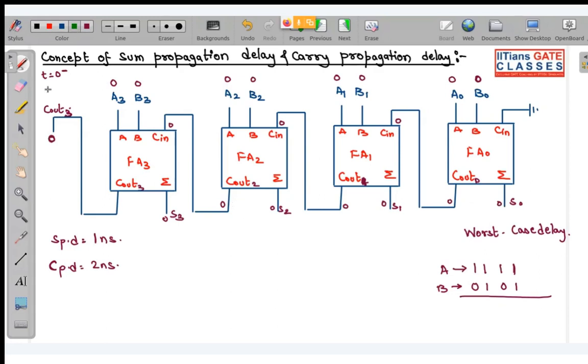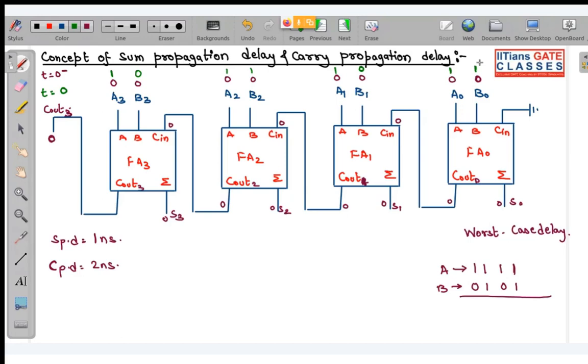Now assume at t equal to 0, I am applying all the inputs. Here all the A are 1 1 1 1 and B is 0 1 0 1. Now look very carefully. What is happening?